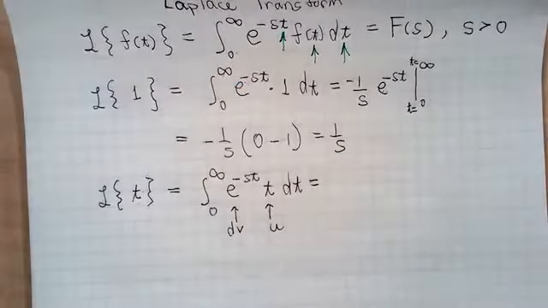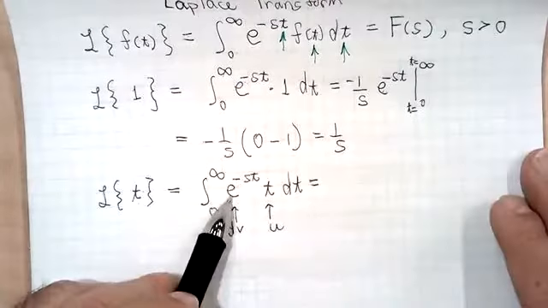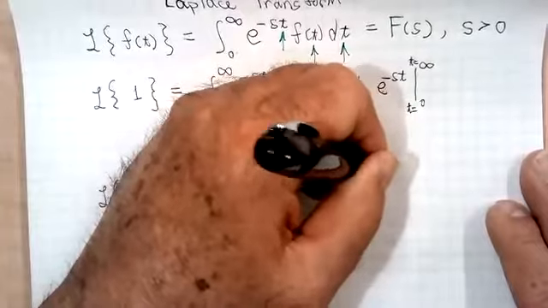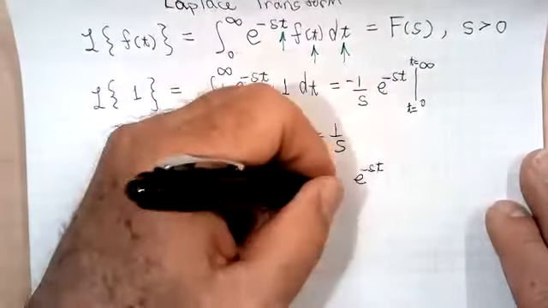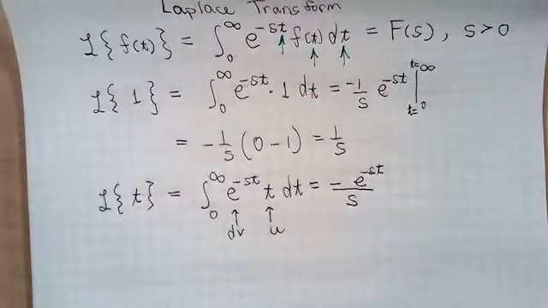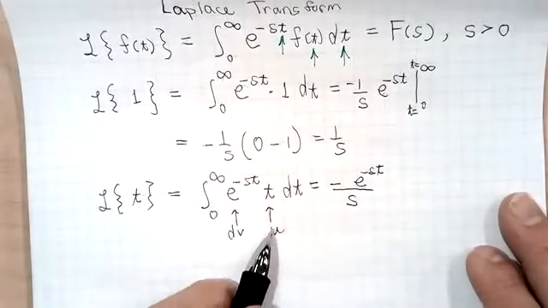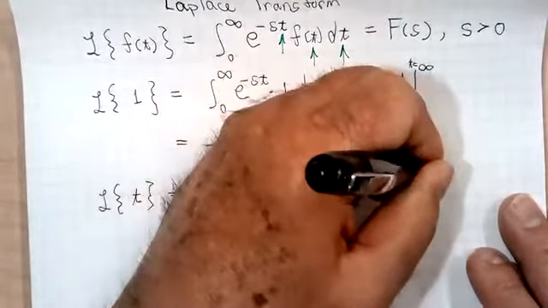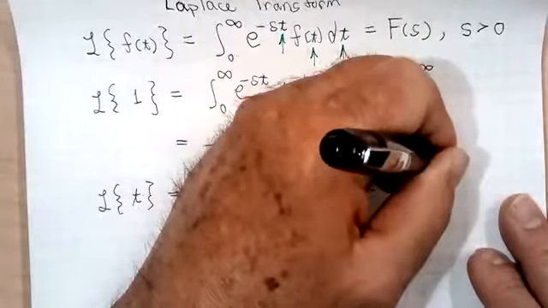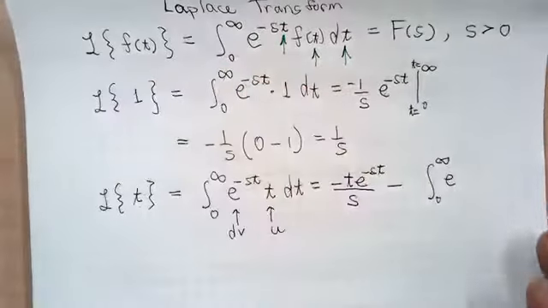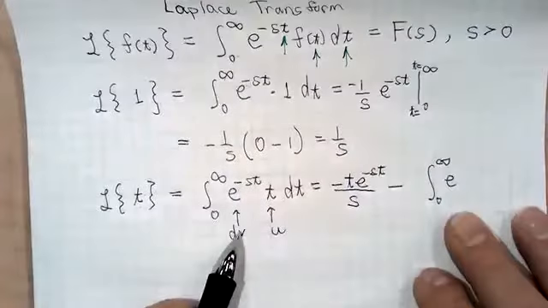So using the parts formula, uv, I need the antiderivative here, minus e to the minus st over s. You've got a chain rule factor now. The u is a t, minus the integral from 0 to infinity, e to the minus st. Well, let's see, I should say what I'm doing.